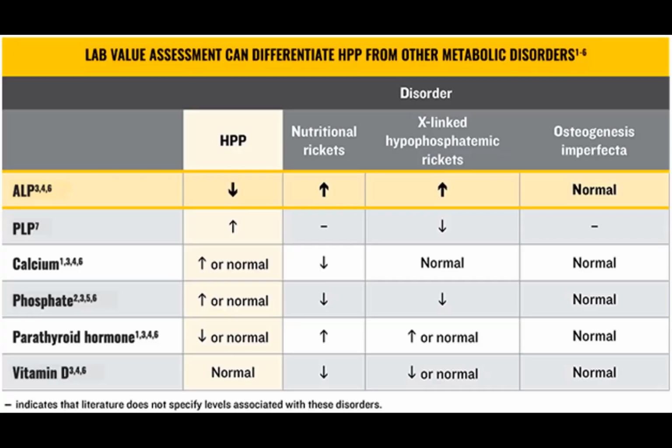Now, if you look at the biochemical analysis, there are variable changes happening. The first thing is the alkaline phosphatase increases because there is continuous resorption from the bone. The calcium level is low because of low intake of calcium.